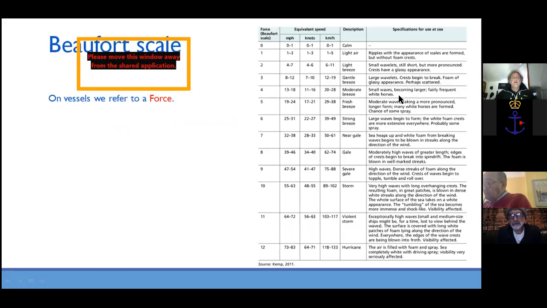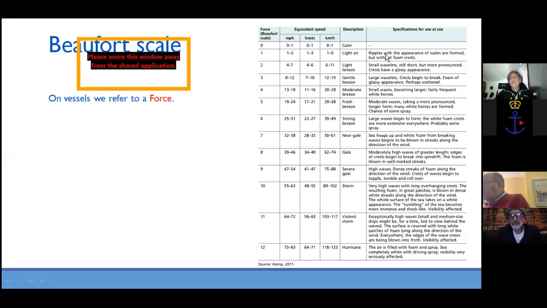Okay, so the Beaufort scale refers to the force. That's the 7 and 8 that I was reading off the Navtechs. So 7 and 8 is actually saying it's knots of 28 to 33, and 8 is 34 to 40 knots of wind. Each one is given its own name. So you've got calm, which is almost no wind, light airs, light breeze.